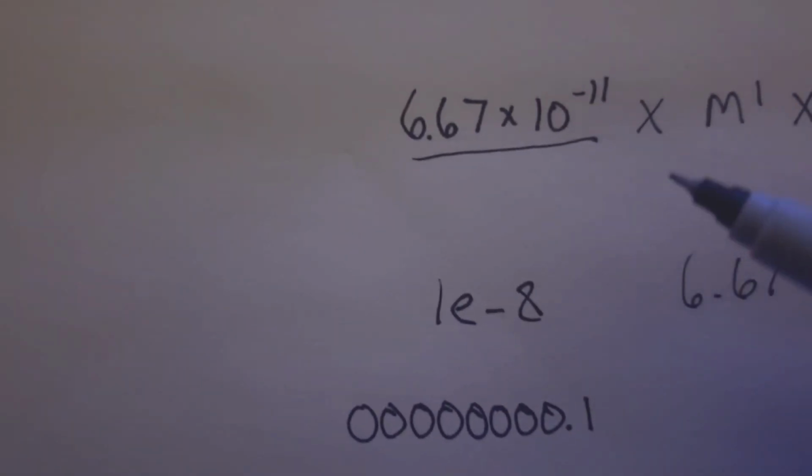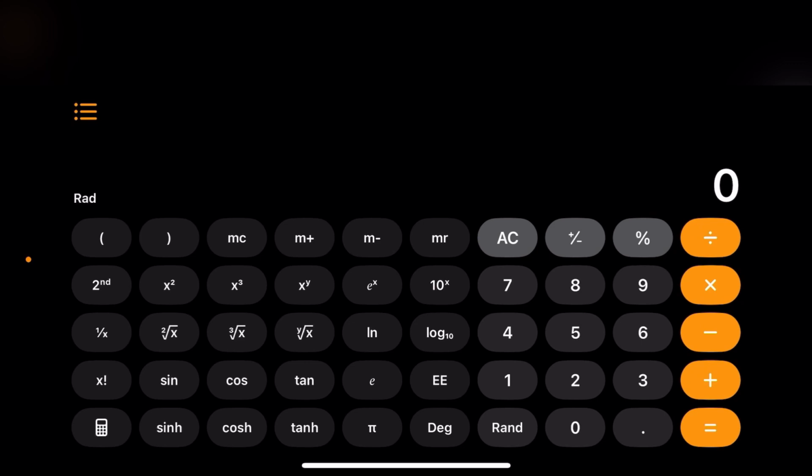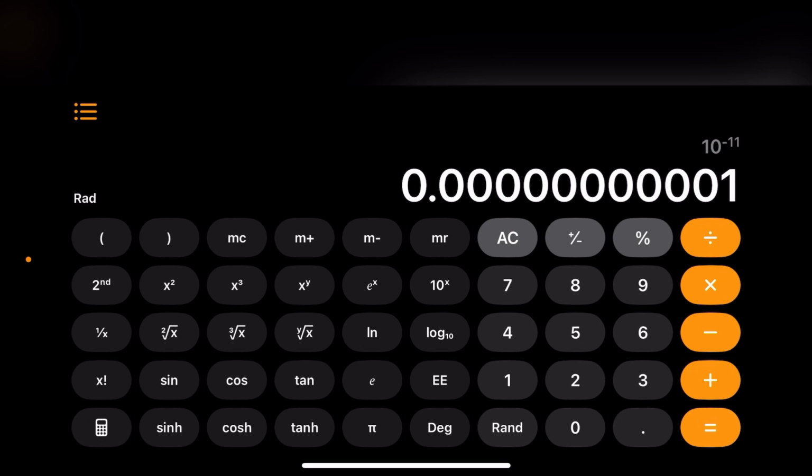It's 10 divided by itself 11 times is what I'm saying. So if we go into our calculator, if you got 10, then you want to press this button right here, minus to the 11th power, you would get this number. And that is 11 zeros and a 1.